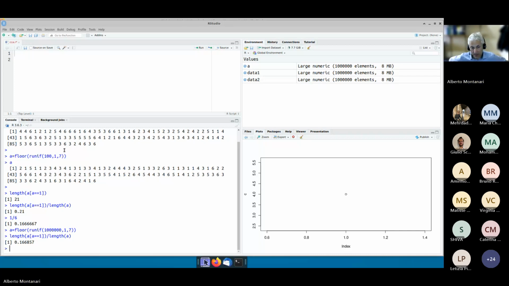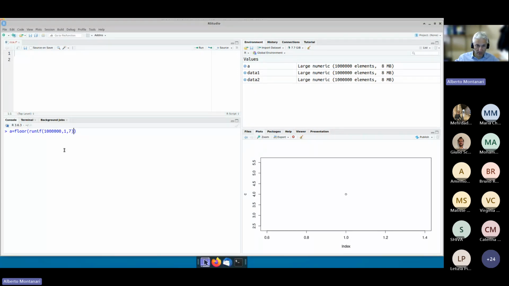So far, we dealt with discrete variables, 0, 1, and rolling a dice. It's discrete. Let me anticipate a complication. Let's suppose that you have a real variable. And so let me just do this experiment.